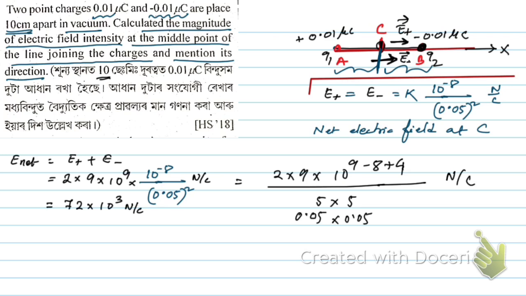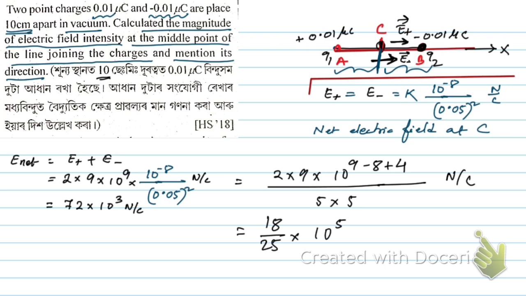If you multiply here 10 to the power 4, then you can remove the decimals, and you're gonna get 5 into 5. So 2 into 9, that's 18, divided by 25 into 10 to the power 5, right?